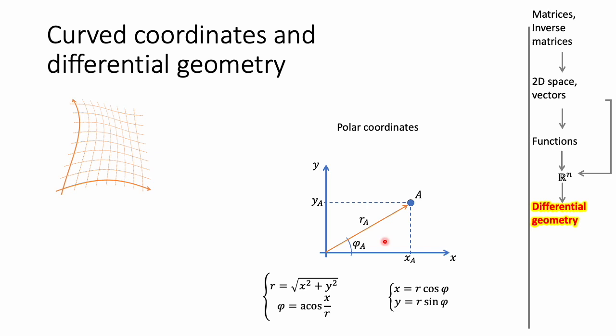It means that x and y are replaced by some nonlinear functions r and phi according to these trigonometric formulae, and x and y can be reconstructed again from r and phi. Well, unless it's the origin. At the origin, phi is not defined because of this.